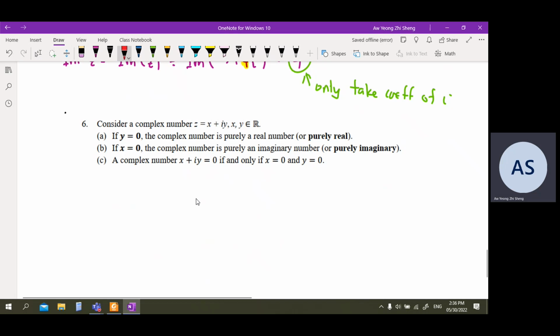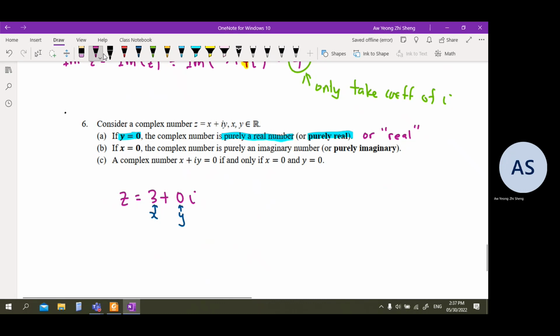So, what happens if y happens to be 0? If y happens to be 0, the complex number is purely a real number, or purely real. Sometimes we simply use the single word real, which is understood as purely real. So for example, z equals 3 plus 0i. In this case, your x is 3, your y is 0.